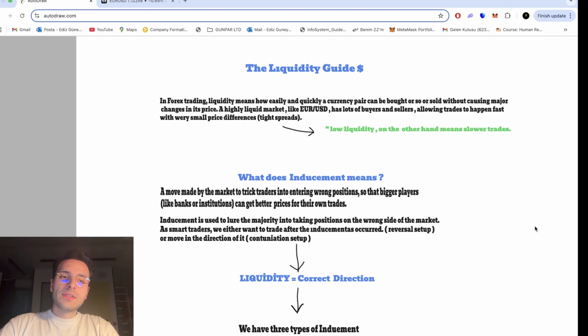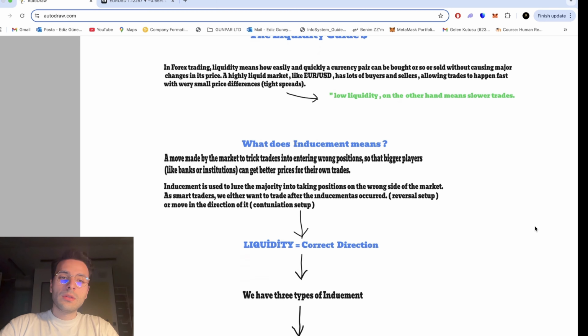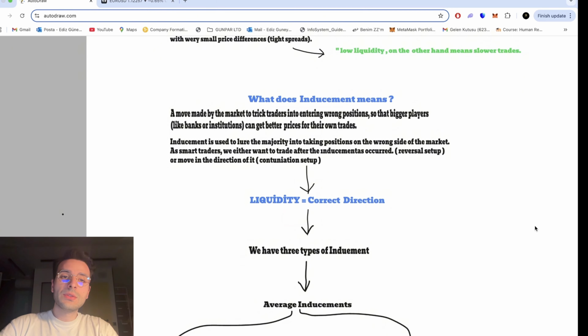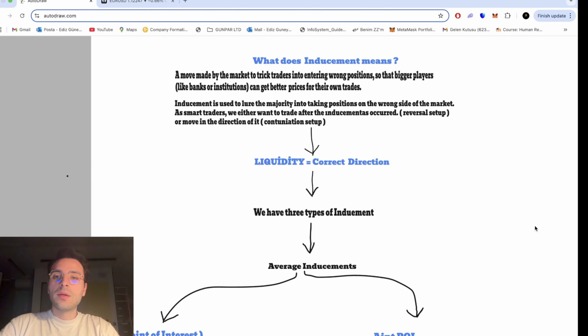In the second step, we are going to be learning inducement. What does inducement mean? It is a move made by the market to trick traders into entering wrong positions so that bigger players like banks or institutions can get better prices for their own trades.